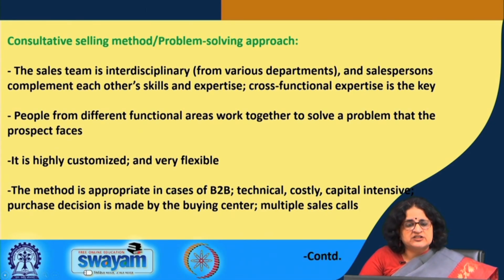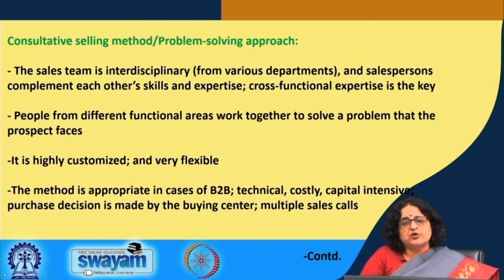So it's very, very customized and very flexible, and the method is appropriate in the B2B scenario, which involves technical products, costly products, capital intensive products, and where purchase decisions are made by people in the buying center. Also this would mean that the sales team would have to make multiple sales calls.